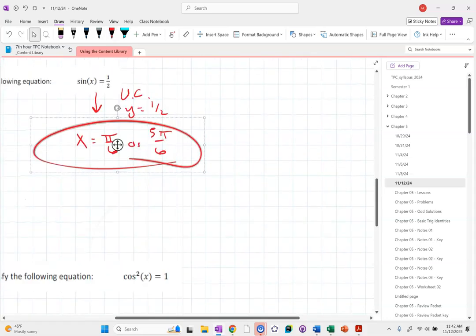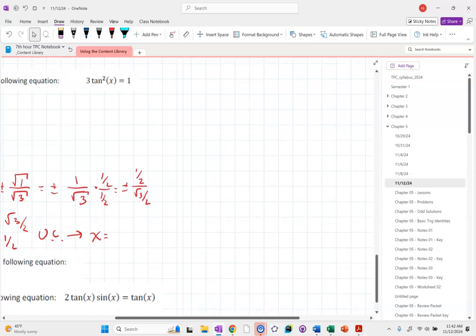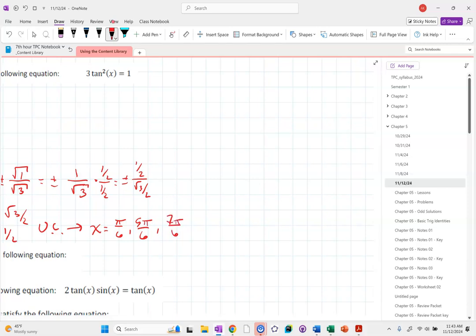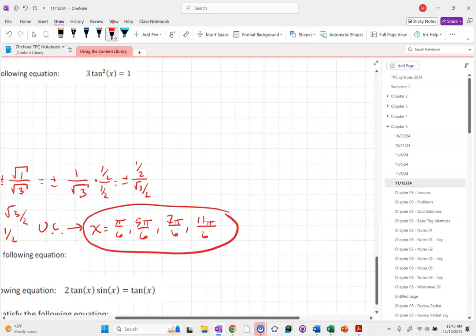And notice that the y's also match in all those spaces. Is everybody okay with how I came up with the solutions there? What is UC stuff? Unit circle. Oh. So I'm just going to the unit circle.